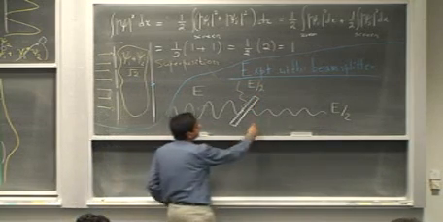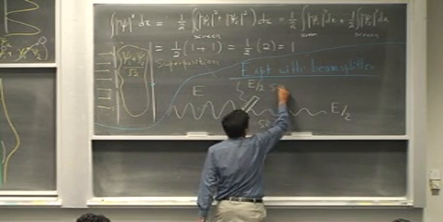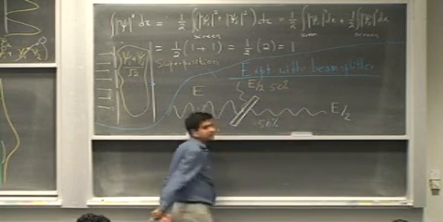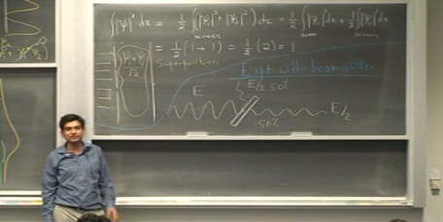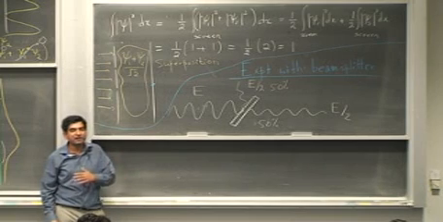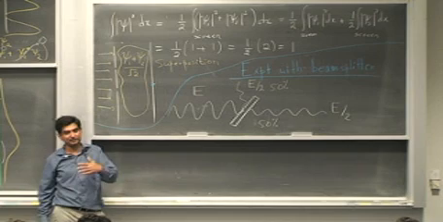So 50% of the energy is transmitted and 50% of the energy is reflected. Okay, so this is a beam splitter. It transmits 50% of the light and reflects 50% of the light.